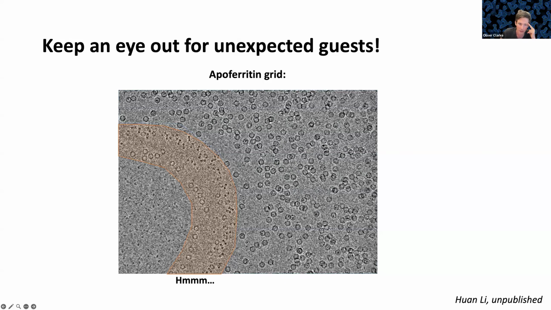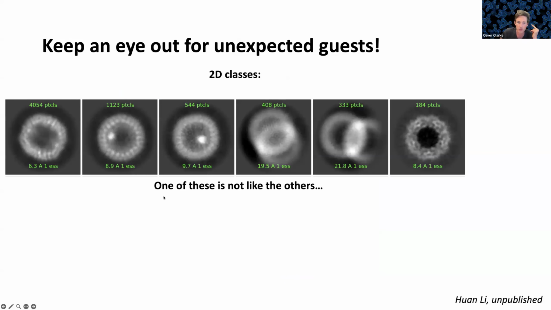So, what's going on here? When you do 2D classification, you can see, okay, we've got some normal apoferritin classes. We've got some little seeds of iron growing there. And then we've got some junk classes. And then we have this other one, right, which looks vaguely like apoferritin in terms of shape and size, but the symmetry doesn't match and everything looks a little bit weird.